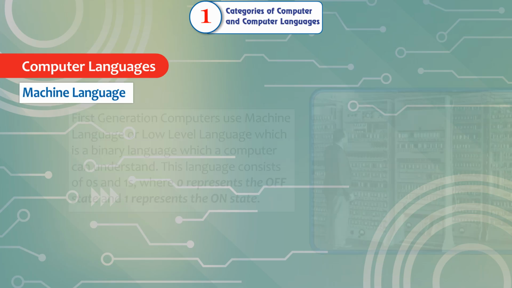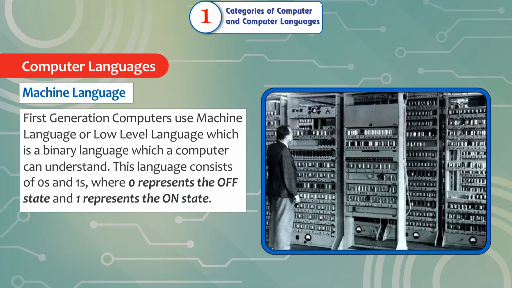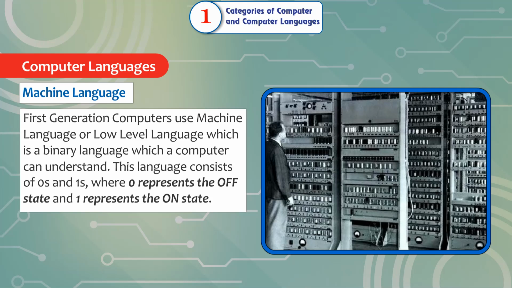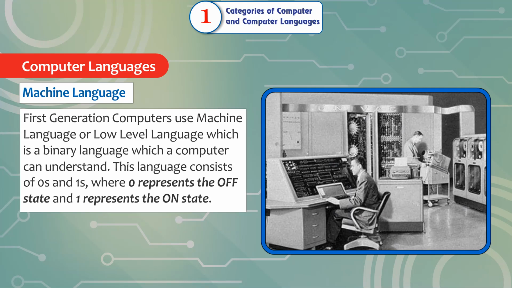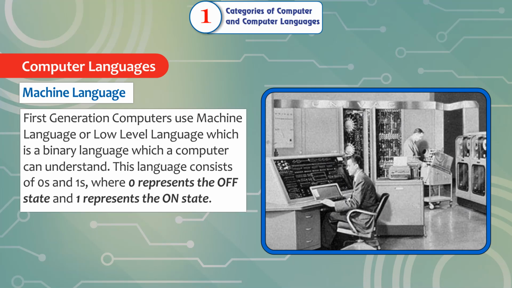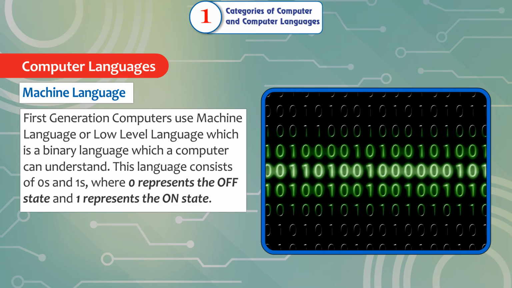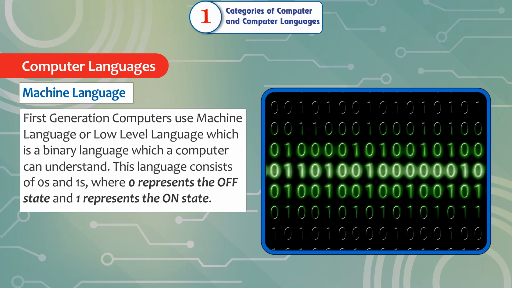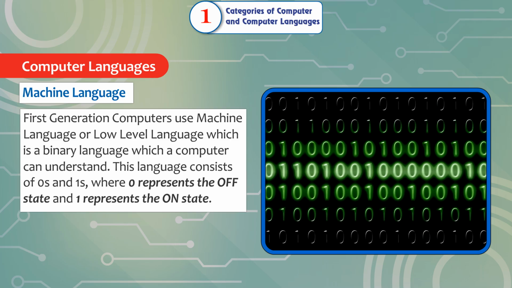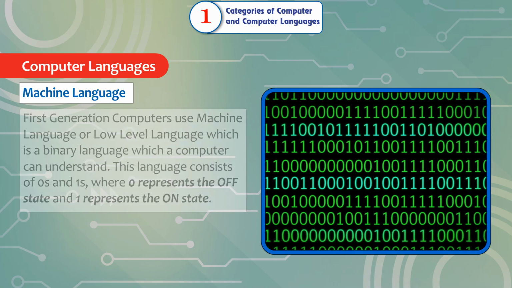Machine language. First-generation computers use machine language or low-level language, which is a binary language which a computer can understand. This language consists of 0s and 1s, where 0 represents the off state and 1 represents the on state.